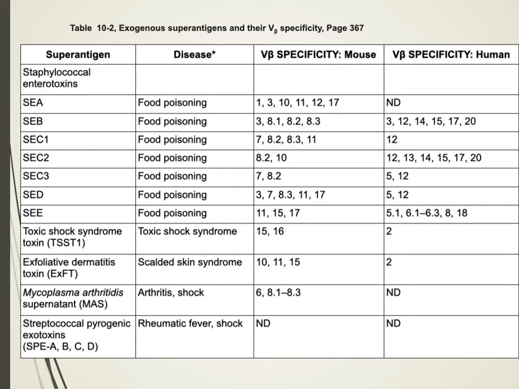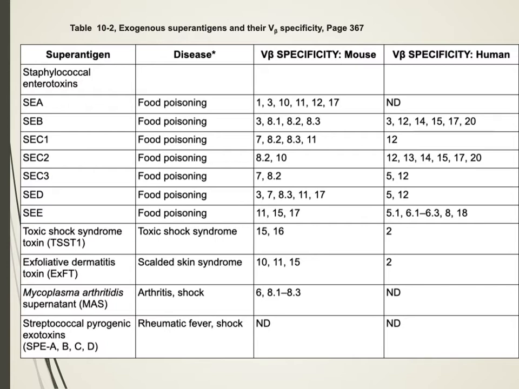Some real-world applications of superantigens would be some of the foodborne pathogens, so food poisoning. We have different Staphylococcus, usually aureus, enterotoxins that can be produced, and these can bind to the beta chain and help to stabilize the interaction between the T cell receptor and the macrophage.